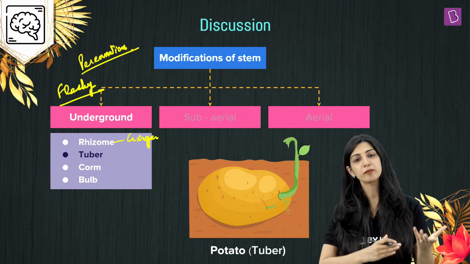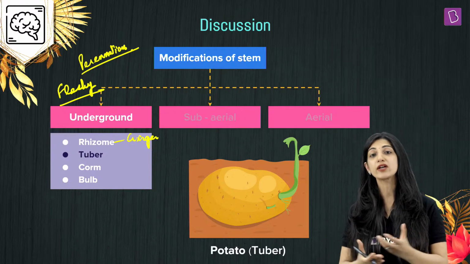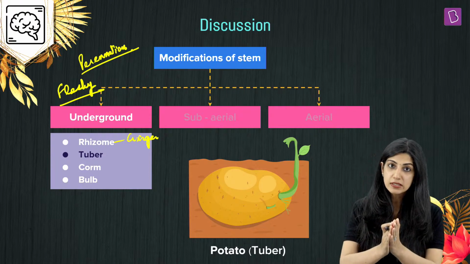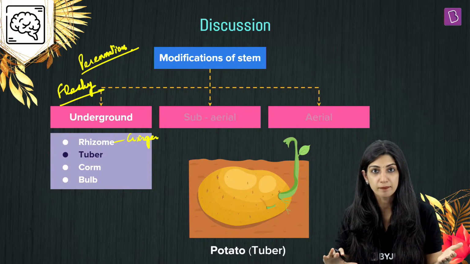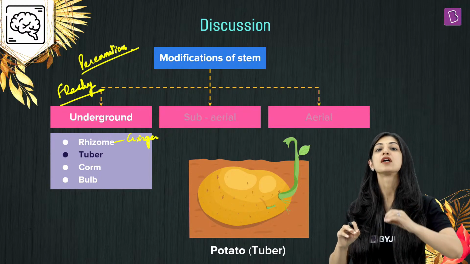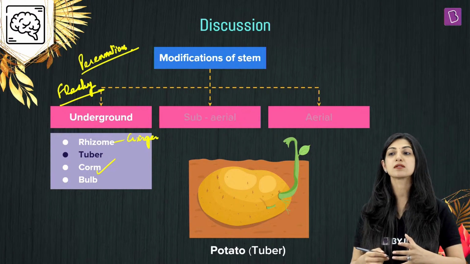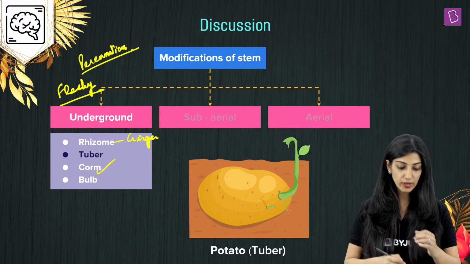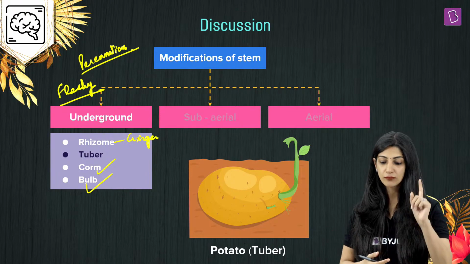Don't think, ma'am, root also had tuber, stem also has tuber, how to remember? What is the difference? I get all these questions. Tuber is a term used for an organ, a structure which has no definite shape. Problem solved. Aloo has no definite shape. Then corm. Corm is colocasia. Bulb is onion, garlic. They're shaped like bulbs. Good.